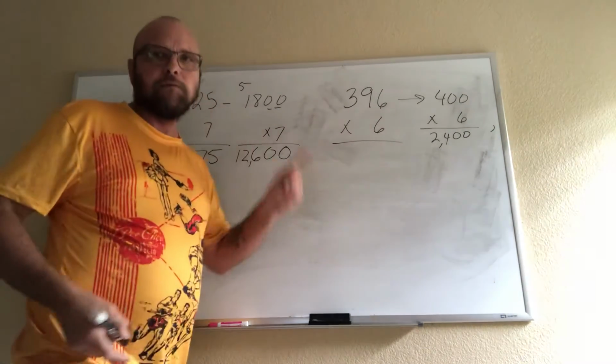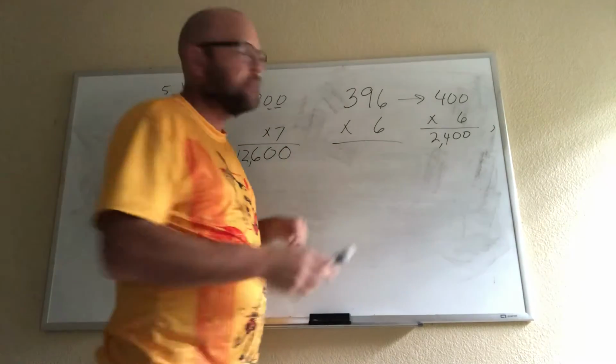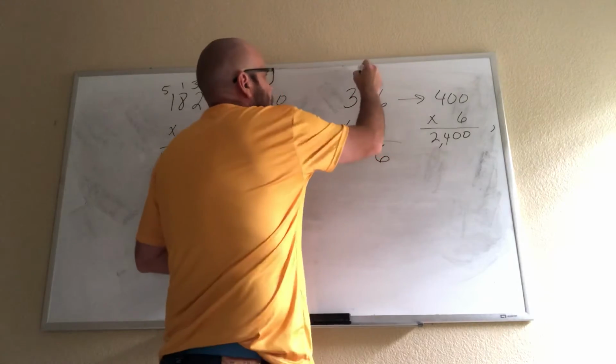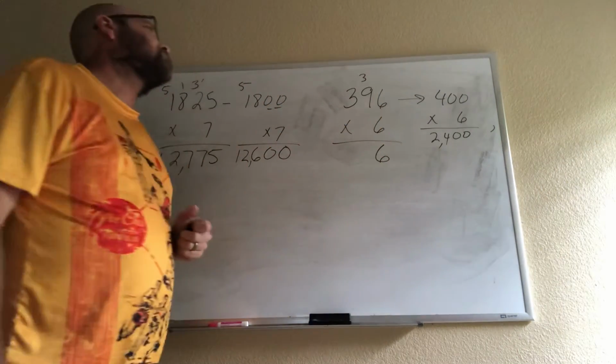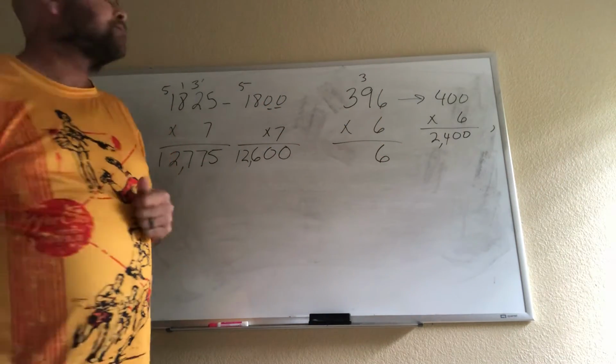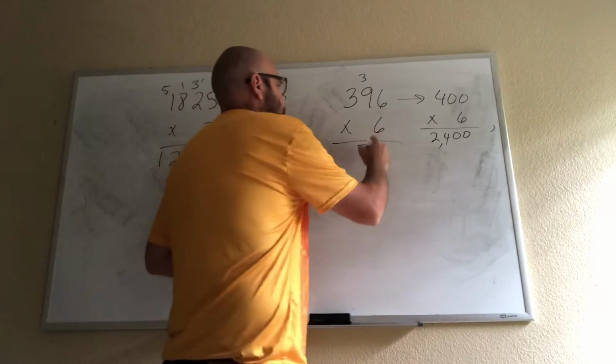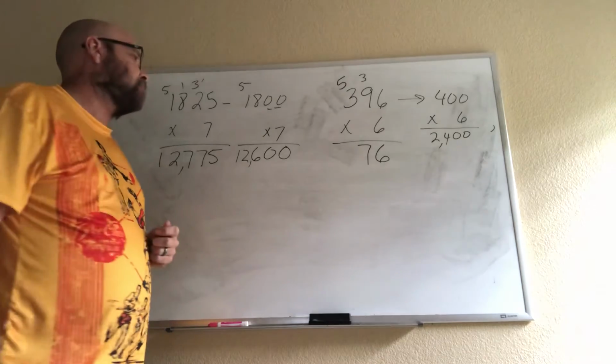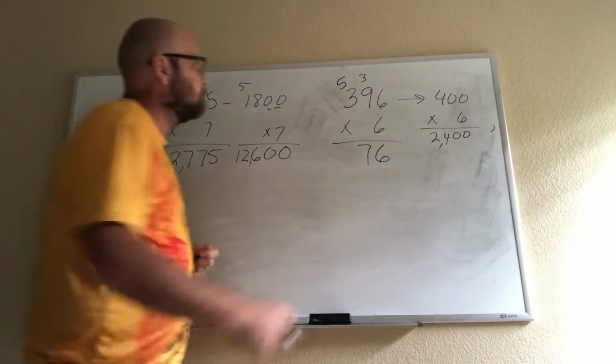Again, I'm doing 1-digit by 1-digit every single time. 6 times 6 is 36. Carry my 3. 6 times 9 is 54, plus 3 is 57. 6 times 3 is 18, plus 5 is 23.